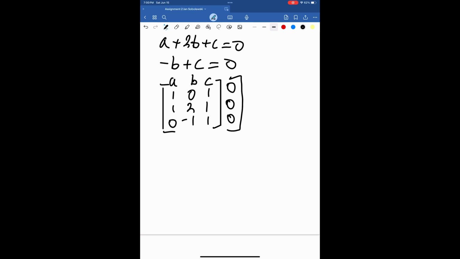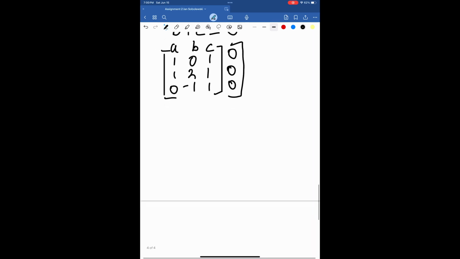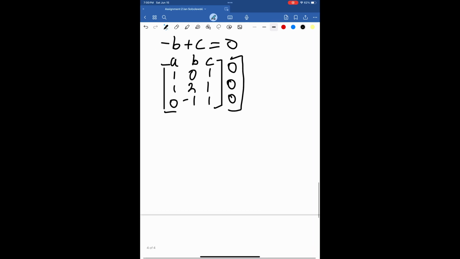Row reduction is kind of annoying and it's very easy to make mistakes, but generally we want to start with one row and get it into the staircase format. So we can do row 2 minus row 1.